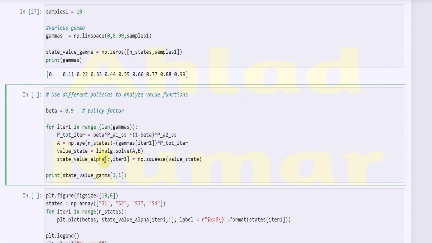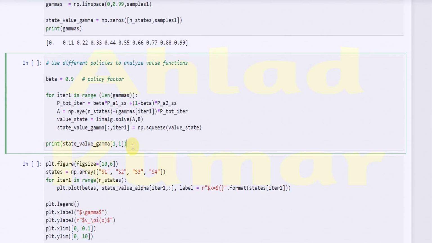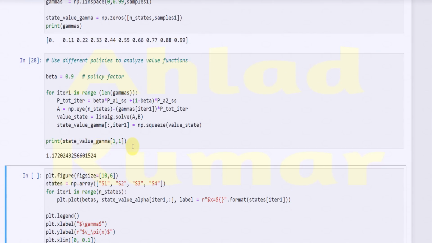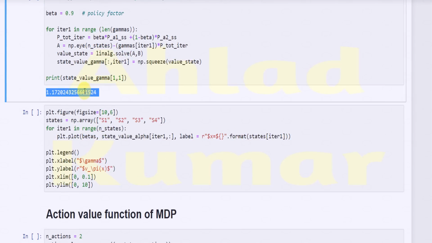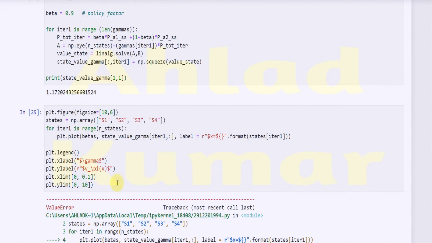So maybe this is not right, we have to write it as gamma, because our state values are changing now with respect to gamma. So let me execute this. This is just to print out a specific value. Now this is gamma here, and let us see how it varies.